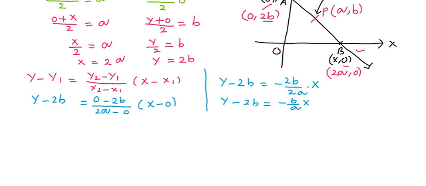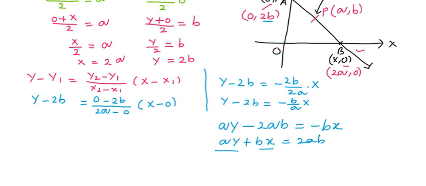Now multiplying both sides by a, we have ay minus 2ab is equal to minus bx. Shifting, ay plus bx is equal to 2ab.